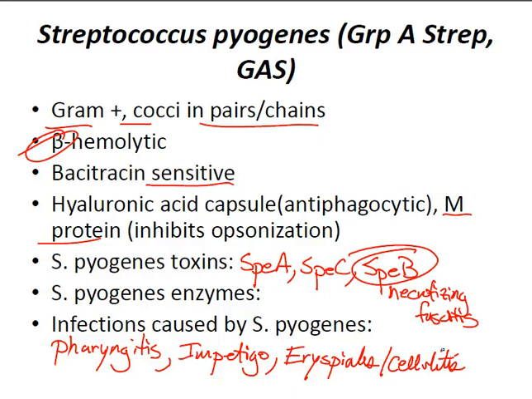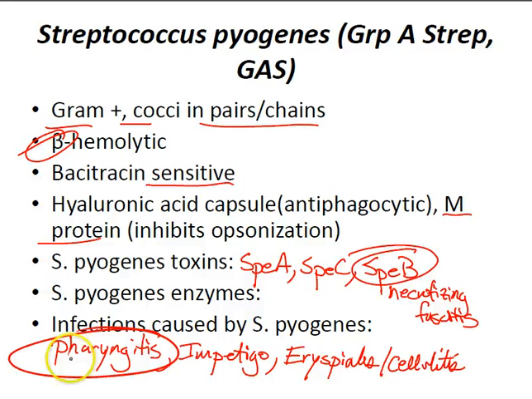Now, Strep pyogenes is the most common bacterial cause of pharyngitis, strep throat, sore throat. So fever, malaise, sore throat. On physical exam, you're going to see tonsillopharyngeal erythema and exudates, as well as tender cervical lymphadenopathy.